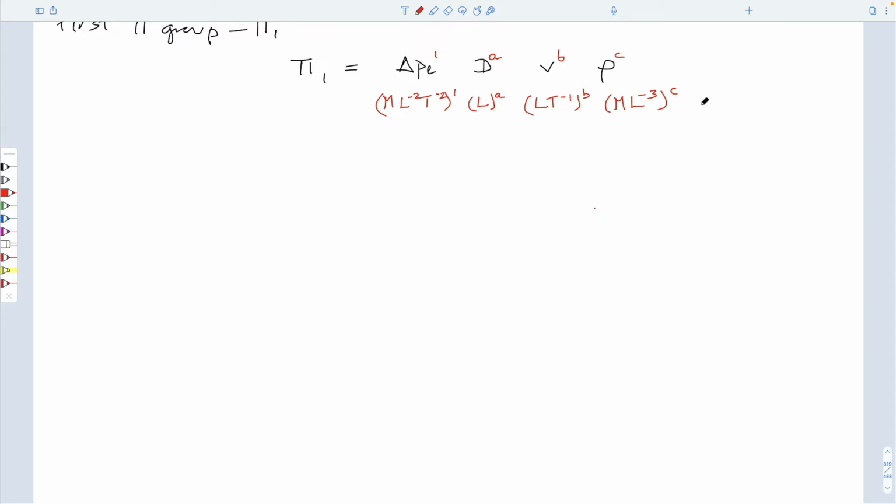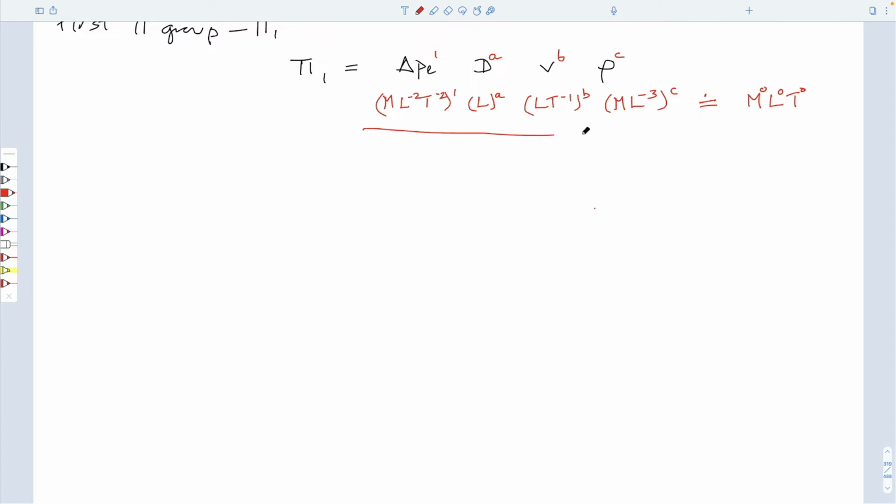The whole idea is that when we multiply everything out, this will give us mass, length, and time to the zeros, which would signify no dimensions of mass, length, or time. So we want to choose the values of A, B, and C so that we get that. That's really what we're attempting to do.